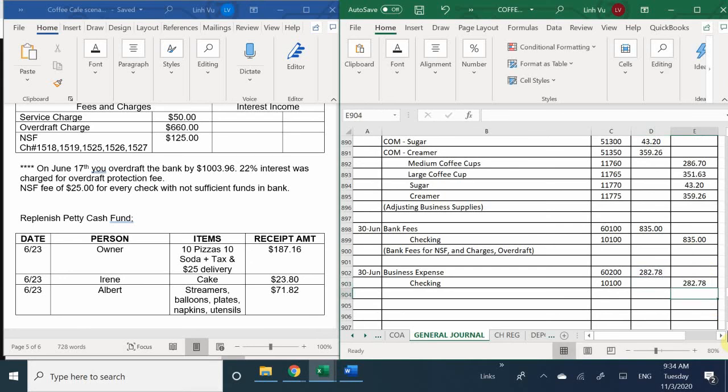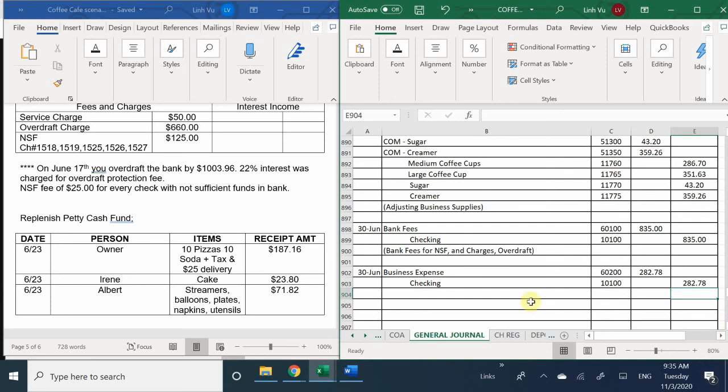Okay. So again, my petty cash balance should always be whatever you established it for, and I believe we established it for $500. So with this reimbursement, we have a total of $282.78 worth of receipts, and we have the remaining amount in cash. The petty cash fund must always be full of cash.